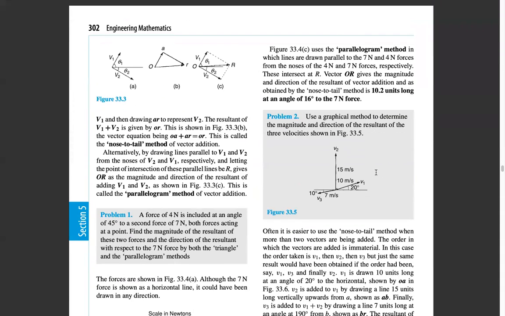So be careful when you're telling somebody what the answer is, if the answer is a vector. You can't just say 5. Like if I ask you what's the cost of 1 apple, you can't just say 5. 5 what? $5, 5 cents, 5 pounds? What are we talking about? Even though cost is a scalar quantity. Same thing with vectors. You can't just tell somebody a number, you have to give them a number and a direction.